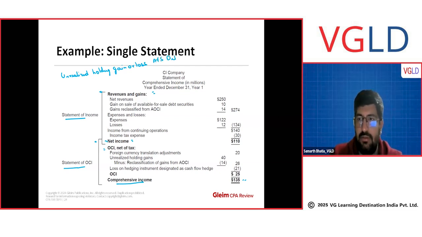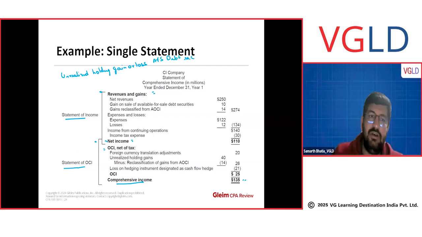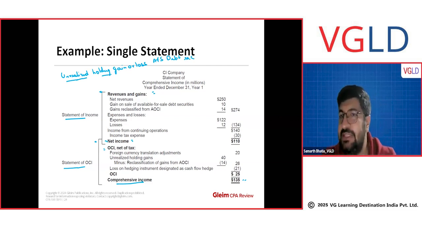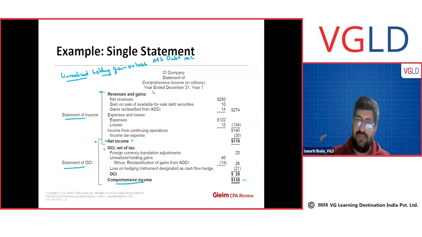Unrealized means we already have a debt instrument and have not sold it yet. When we actually make a sale of it, it becomes part of the income statement. Till the time we are holding it, whatever the unrealized gain or loss is, that is part of OCI.